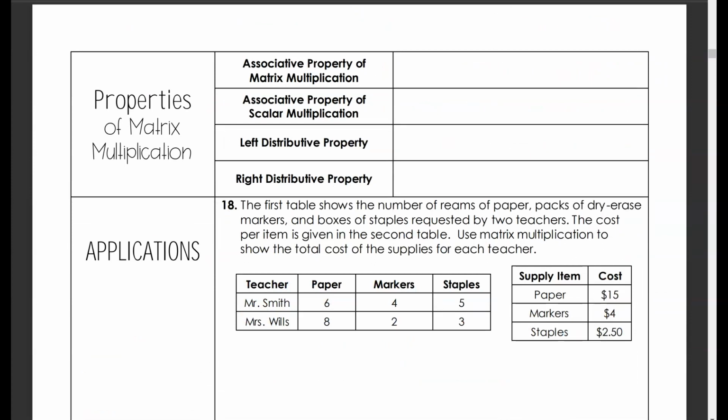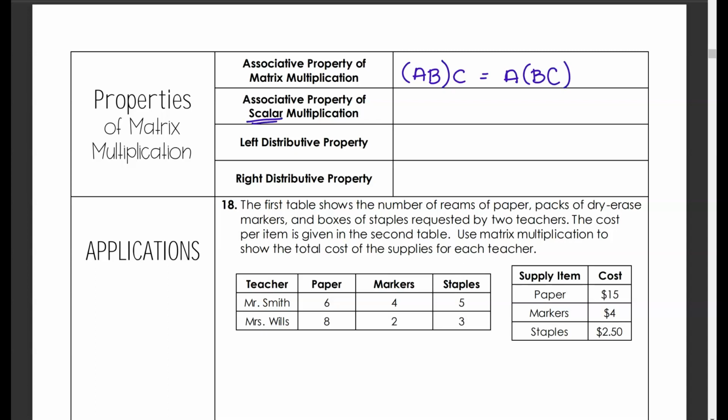All right, let's look at other properties of matrices. In this particular case, we have the associative property of matrix multiplication. That means that if I had two matrices, A times B, and I multiply a third matrix, C, I can multiply them in a different order, where I multiply matrix B times C first and then multiply by matrix A. Associative property of a scalar.